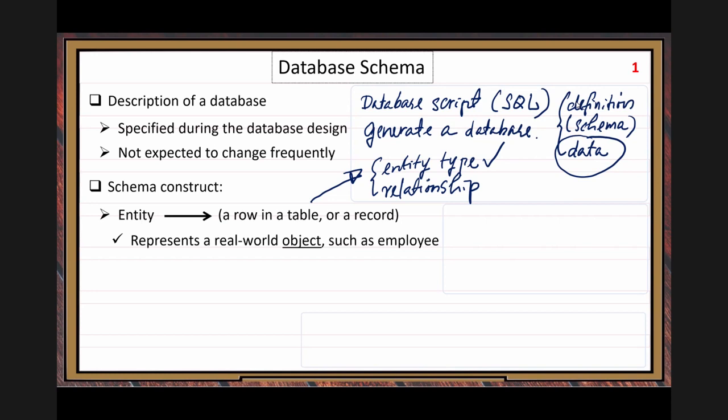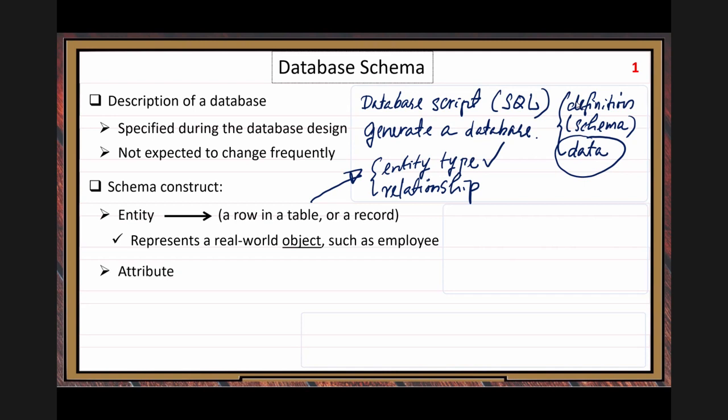Sometimes we need to represent relationship. You cannot use the entity object to characterize. So I will explain the difference later.